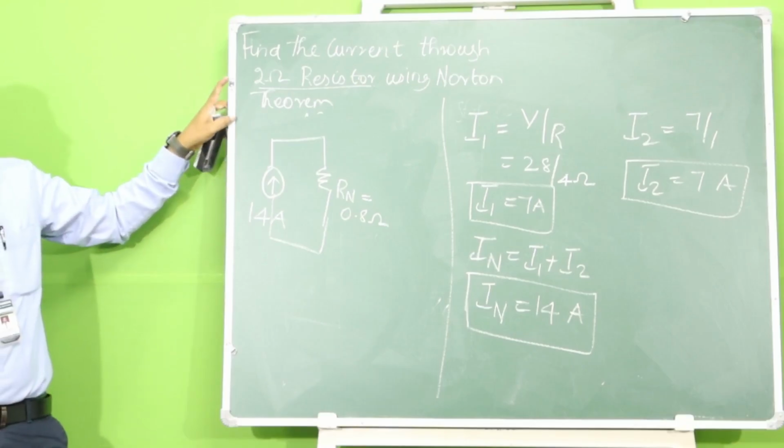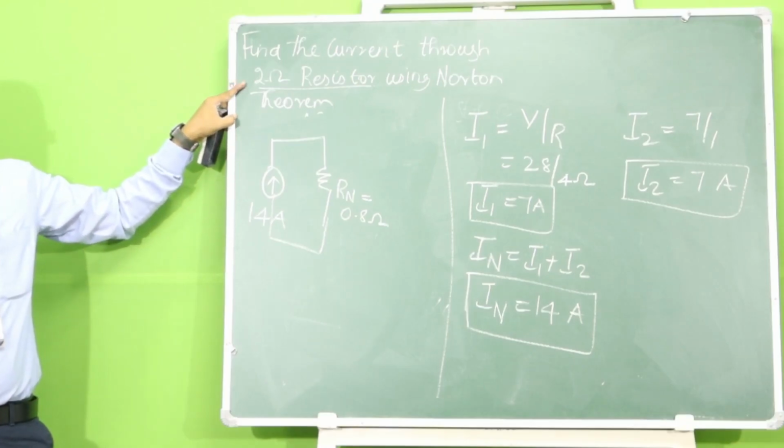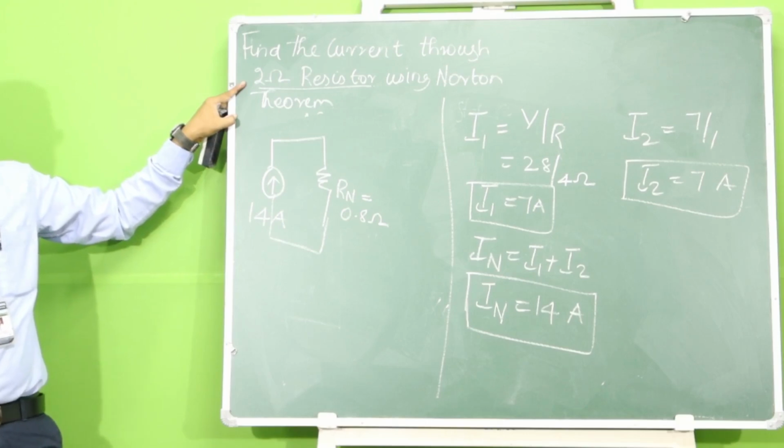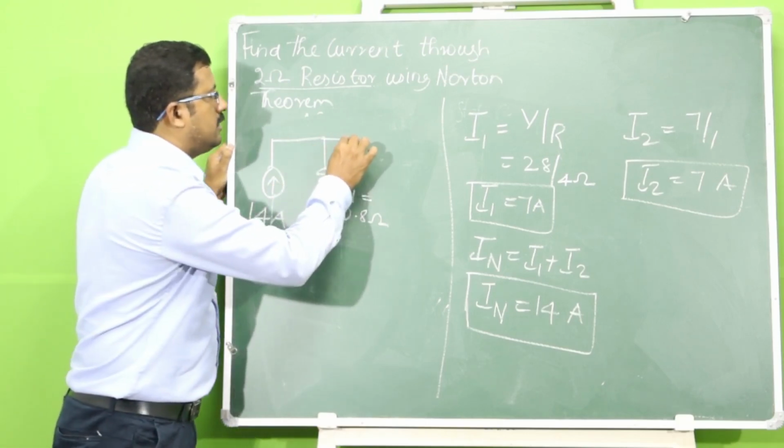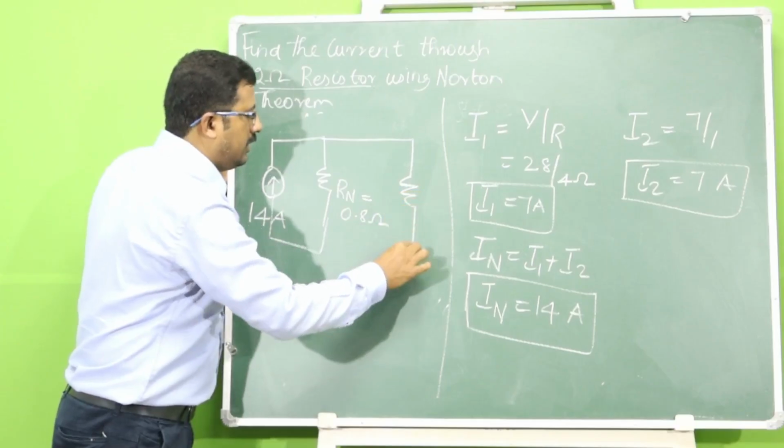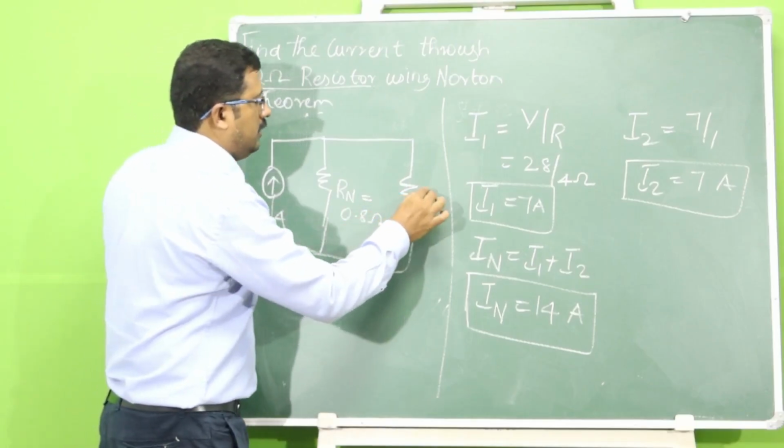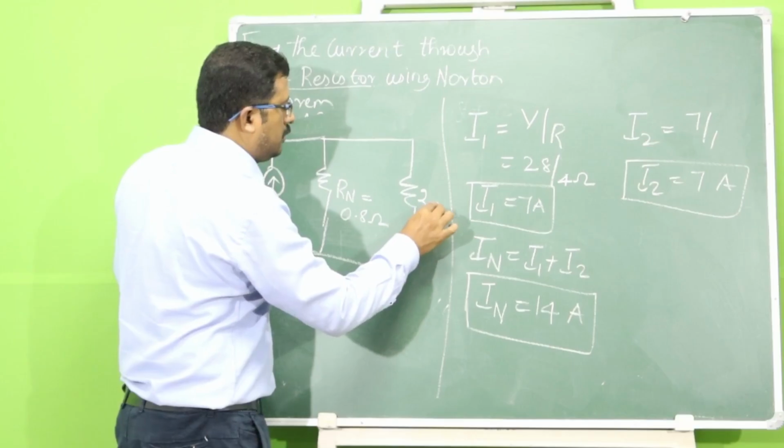But the question is, you have to find the value of current flowing in the 2 ohm resistor, which is nothing but the load resistor. So you have to connect this 2 ohm resistor finally in parallel with your Rn value. So the load resistor is 2 ohm.